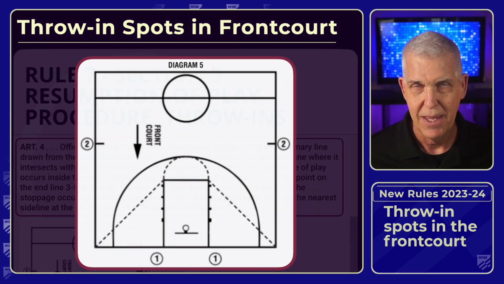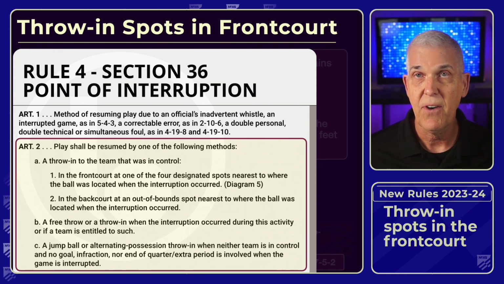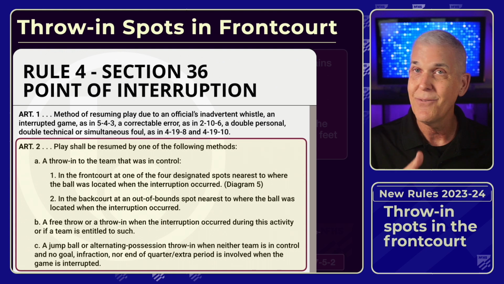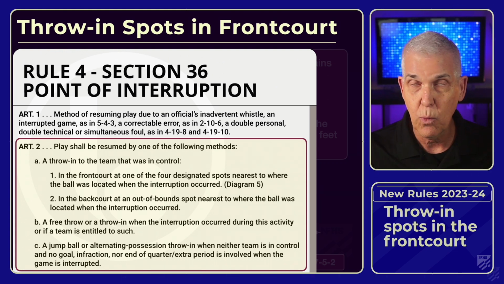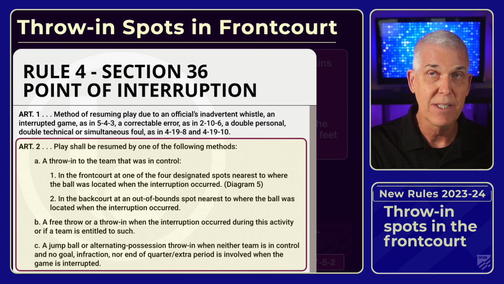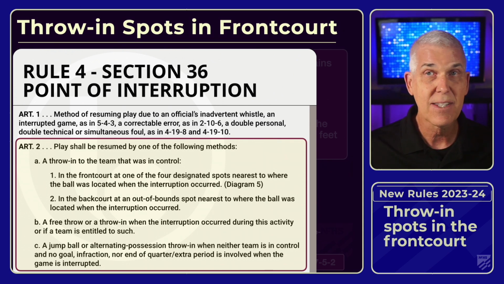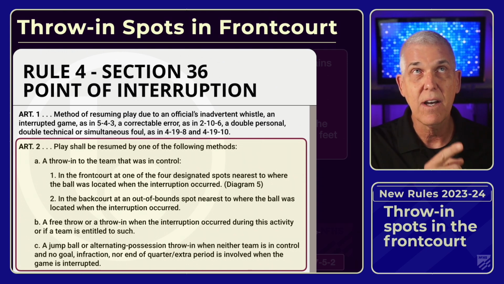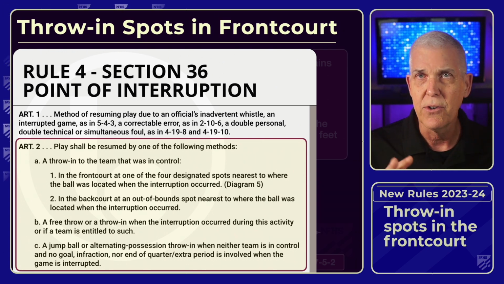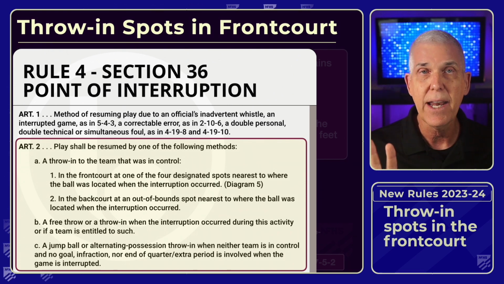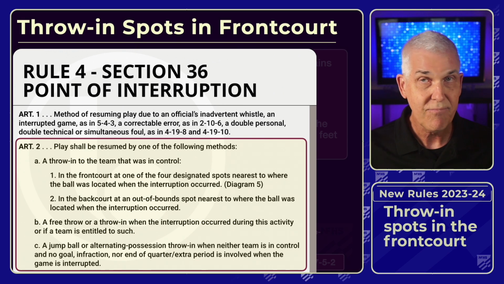Those are the changes. And also the rule for point of interruption has been modified, recognizing the fact that for any stoppage of play, if there was an inadvertent whistle by the officials and the ball was in the front court, we would go to one of the 4 spots. If there's a stoppage of play, there's a shot clock malfunction, there's a clock malfunction, the lights flickered, whatever, we're stopping play for any reason, front court status, it would be a front court throw-in.